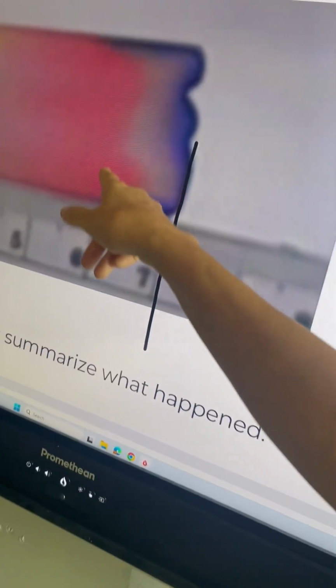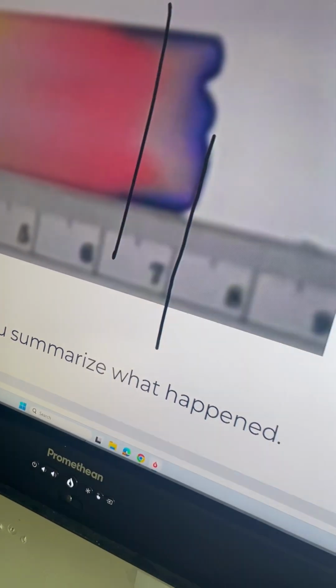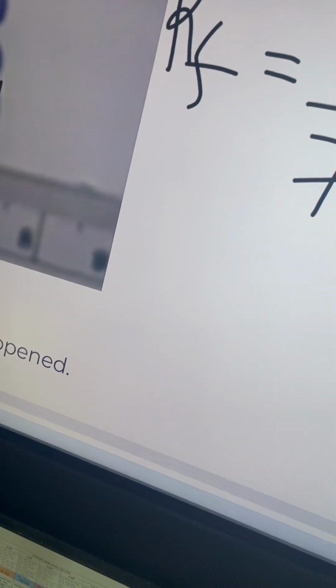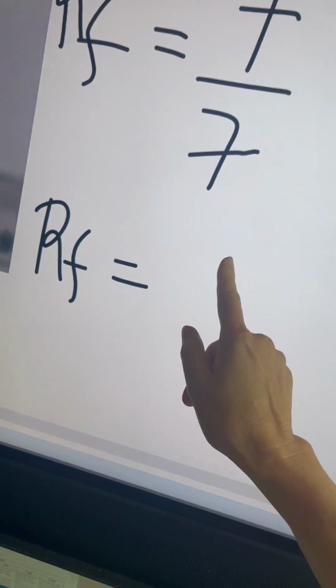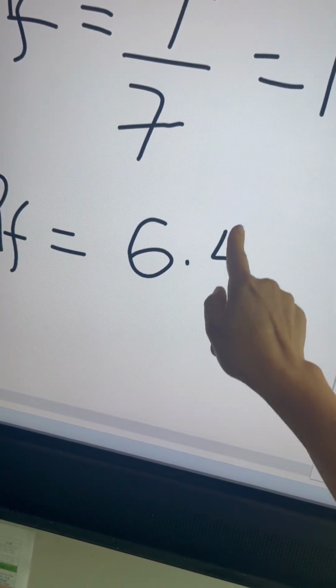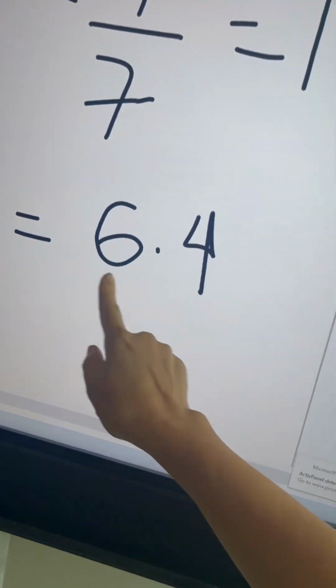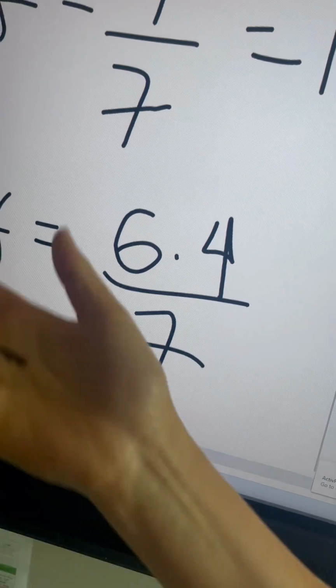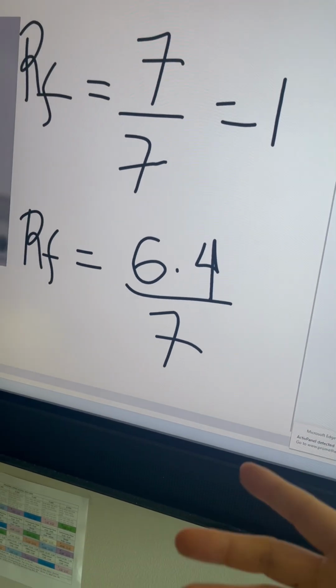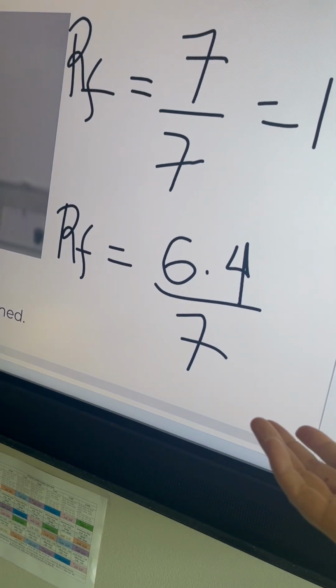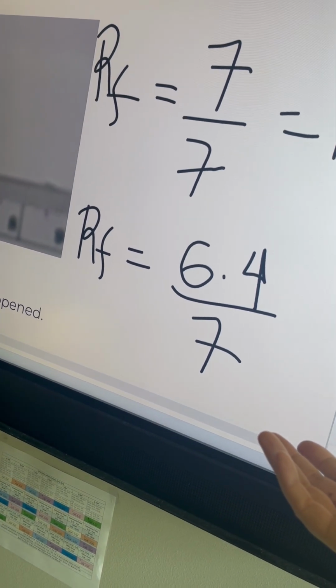Now, what about this red one? If I said the red one traveled to about there, it's about 6.4. Divided again by 7, if we called the water or the solvent travels 7. So that will be the RF factor for the next one. Does that make sense?